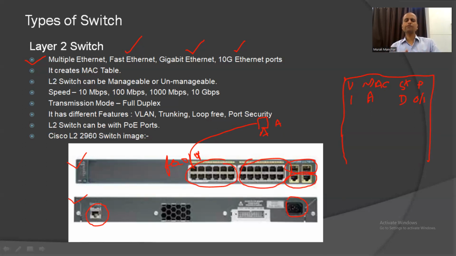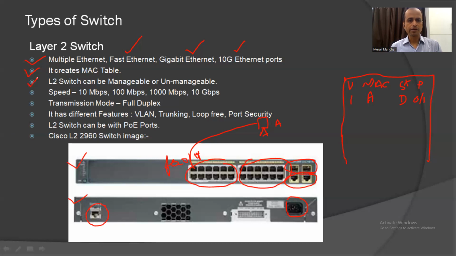So in this way, if we connect 24 machines to a switch, then 24 MAC addresses of information are available in this table. So this table is very helpful for fast transmission of data. If one node is trying to communicate with another node, then communication will be done quickly with the help of this table.